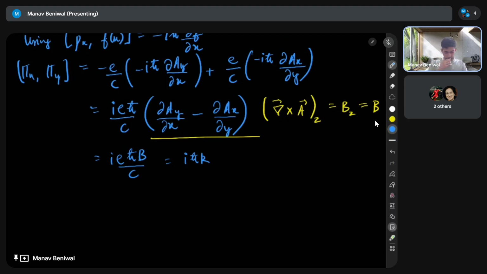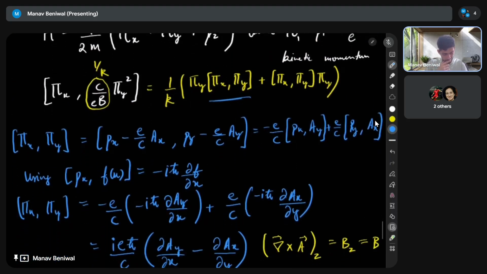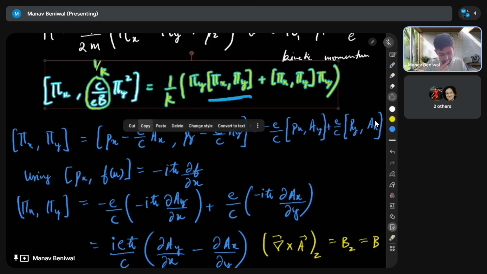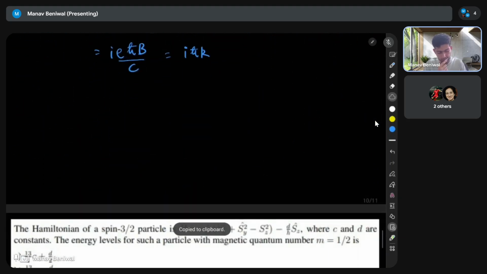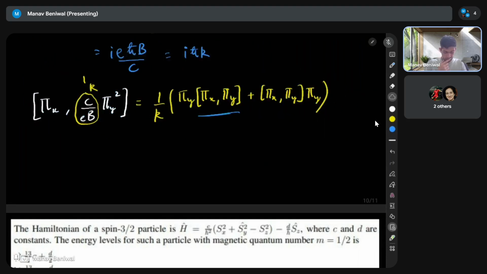Okay. So now we are ready to go back. Now we had this equation. Let me bring it down again. So now we know the value of these commutators. So here we'll just substitute iota h cut k.